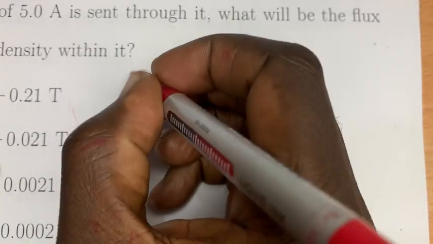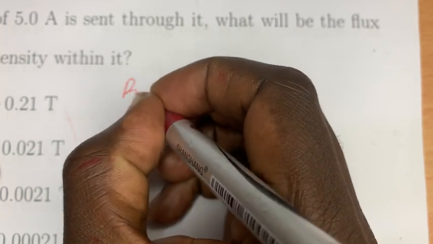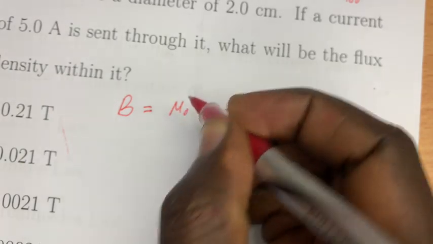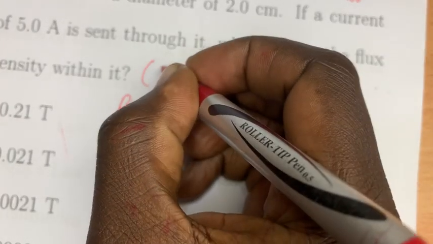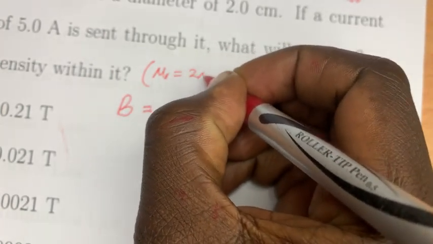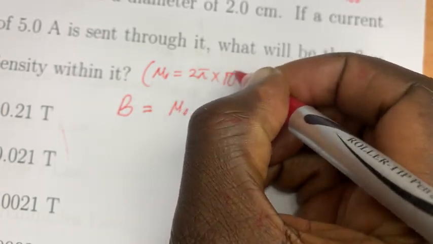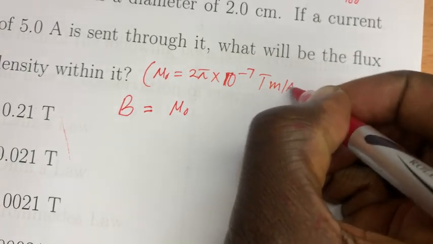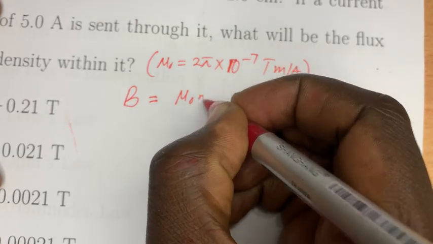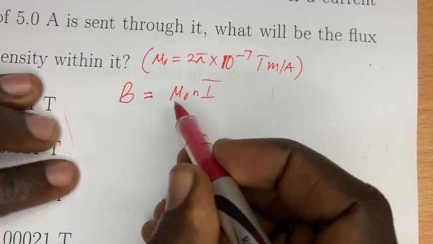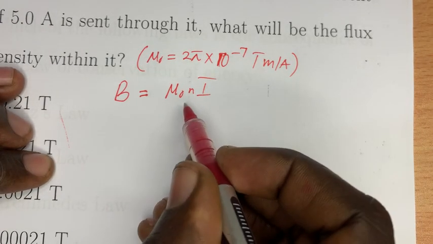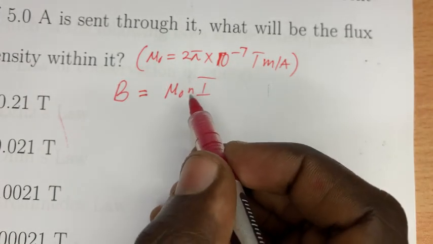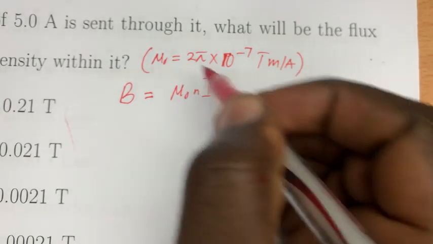So for a solenoid, the magnetic field within the solenoid is given by mu naught, which is a constant you should always be given, 4 pi times 10 raised to the power of -7 Tesla meter per ampere, times n I, where mu naught is the magnetic constant, n is the number of turns or loops per unit length, and I is the current through the loop.